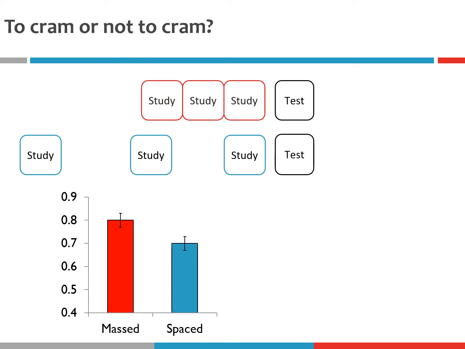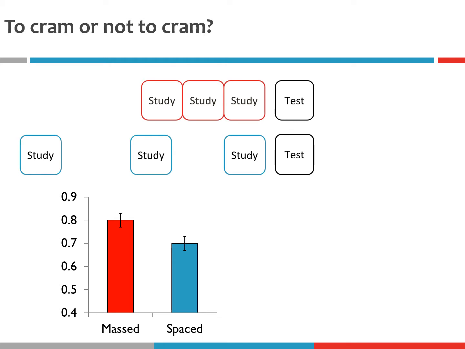So what we see on this immediate test, if we compare these two groups, is that the cramming group, which is in red, or massing group, as it's sometimes called, where all of your study sessions are massed together in time, at least initially on that 5-minute test, your recall is going to be at about 80%, right?